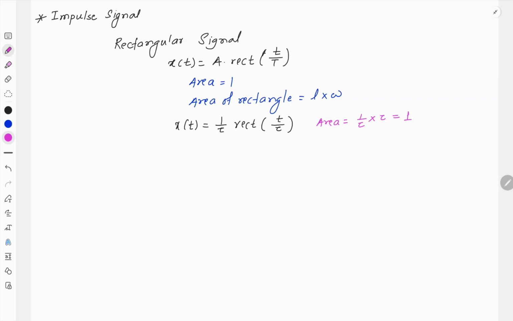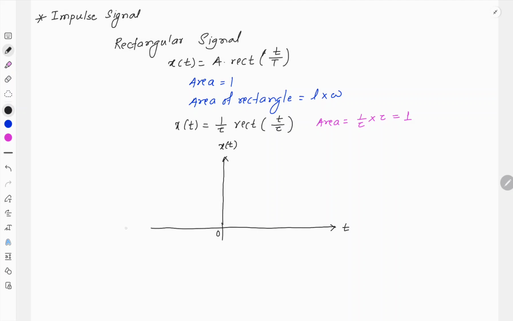So let us draw this signal first. Here we have the time axis t, we have origin, and the y-axis represents the magnitude or the amplitude of signal x(t).